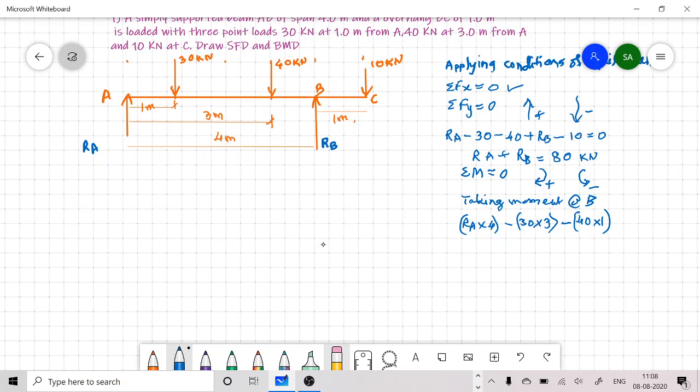Then RB into 0, no need to write, and plus 10 into 1. It is a clockwise moment about B, so it is plus, this is equal to 0.